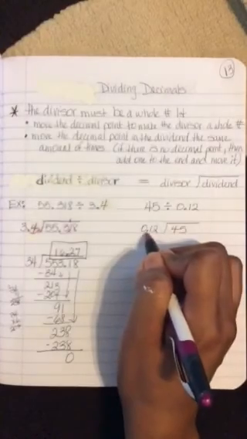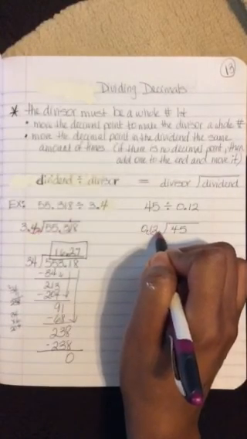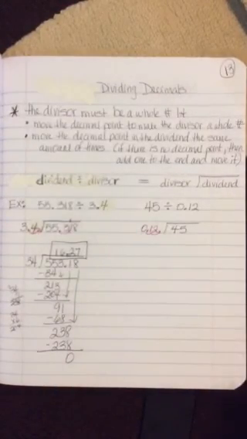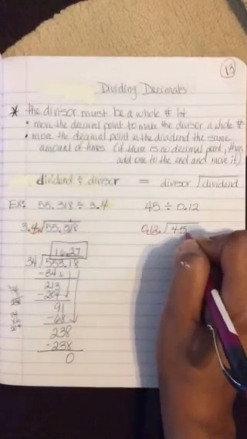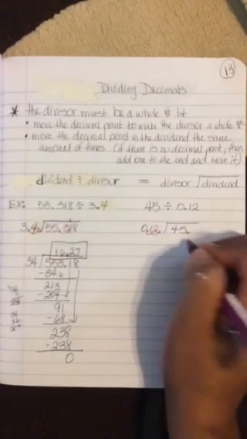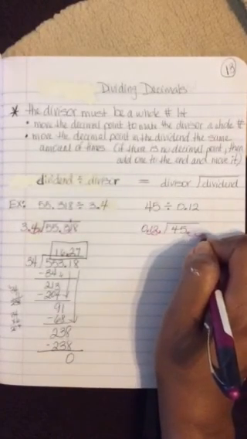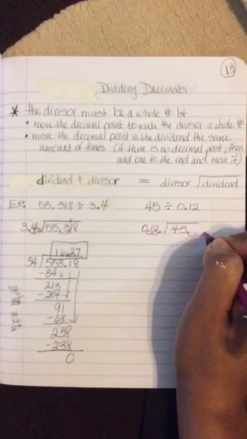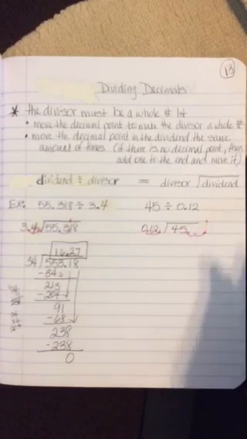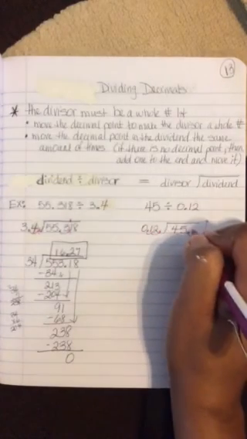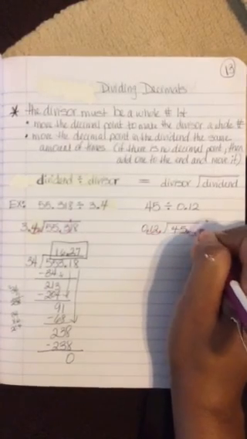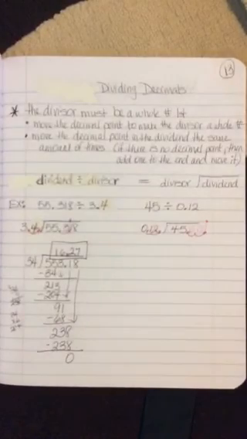So when I move my decimal point to make my divisor a whole number, it's got to move 2 times. There's no decimal here, so I've got to place the decimal behind the number and then move it 2 times. So basically my decimal point is going to end up down here in the answer. And these spaces are going to have to be filled in with zeros.